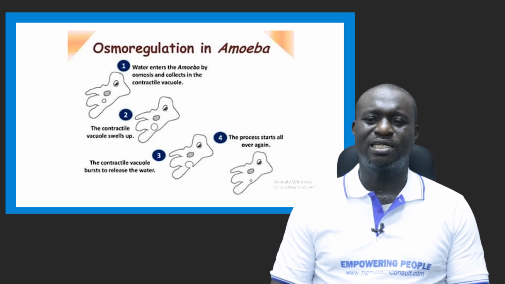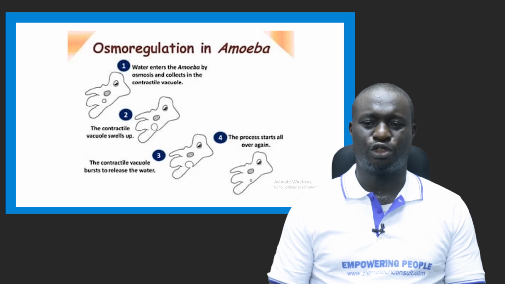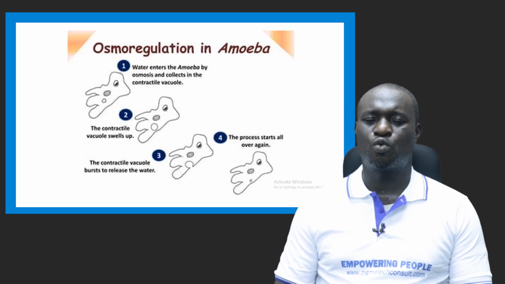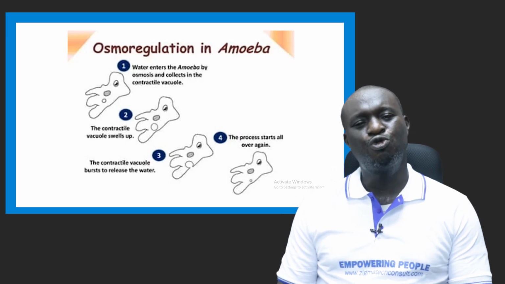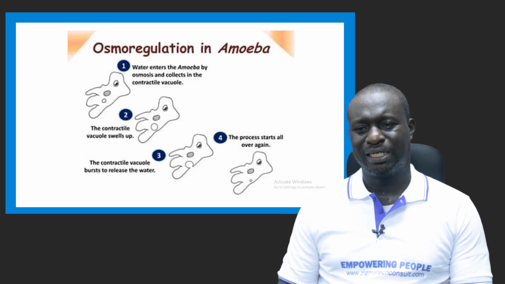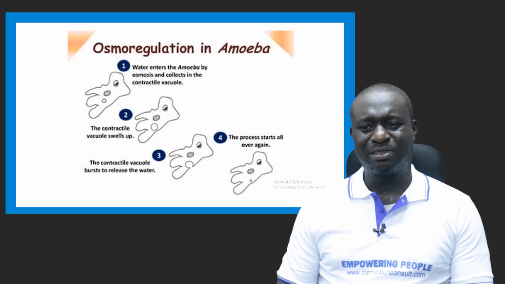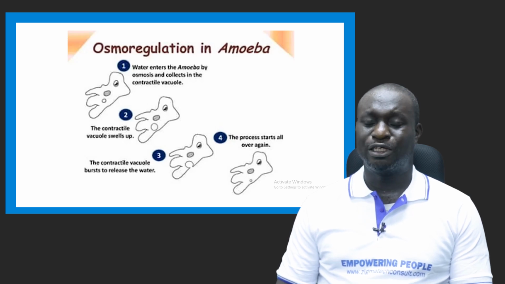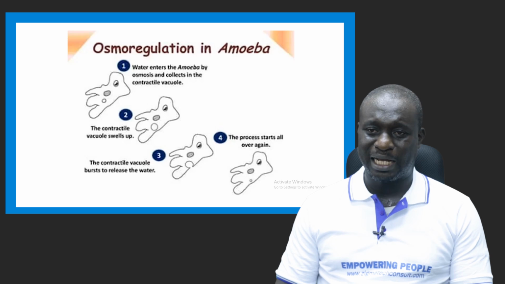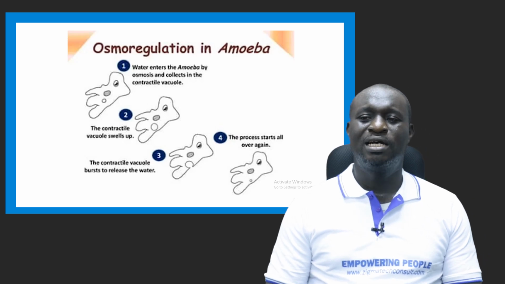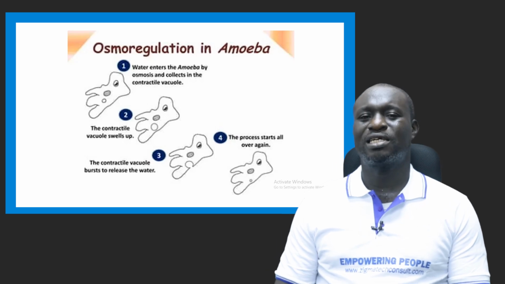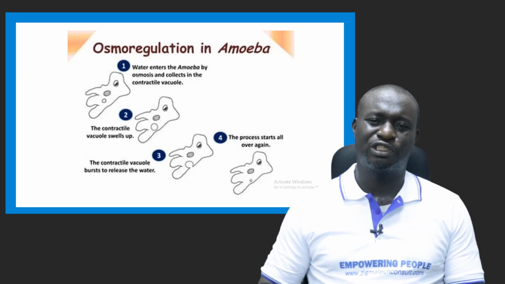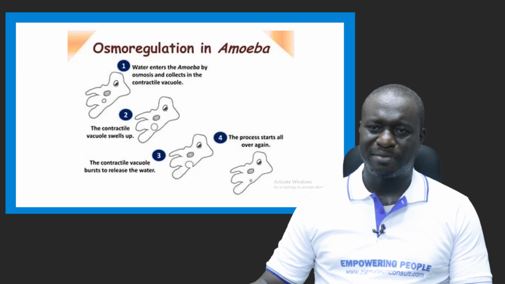And step 3 says that the contractile vacuoles burst to release the water. So you can see that the contractile vacuoles go closer to the cell membrane, and that is where they empty their content, and they do that from time to time. And step 4 says that the process starts all over again. So this is how osmoregulation takes place in an amoeba.